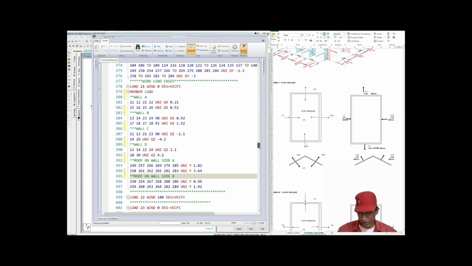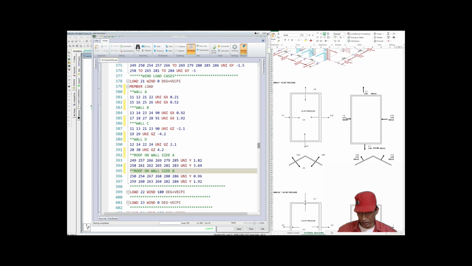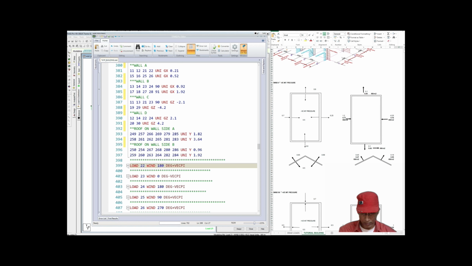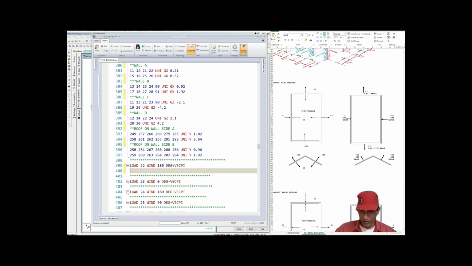That is exactly opposite of load number 21. So copy this, let us paste it.